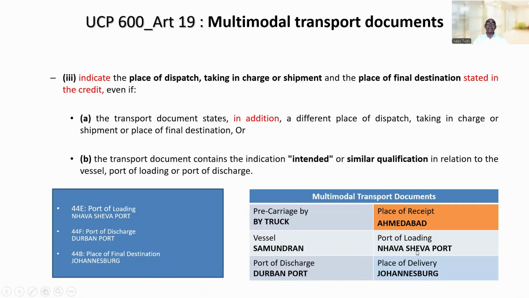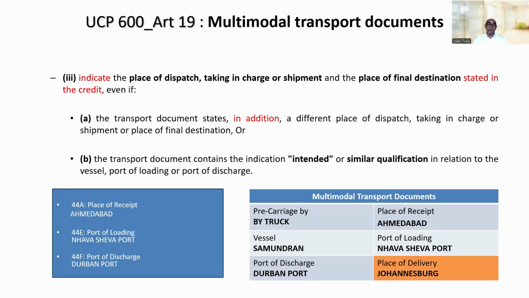But you can see that it starts not from the port of loading, but prior to that also it is given place of receipt, that is Ahmedabad. So this particular UCP article permits the multimodal transport document to indicate other places relating to the journey of the goods prior to the place of dispatch, taken in charge or shipment, or, you can say in the next case, after the place of final destination mentioned in the LC.